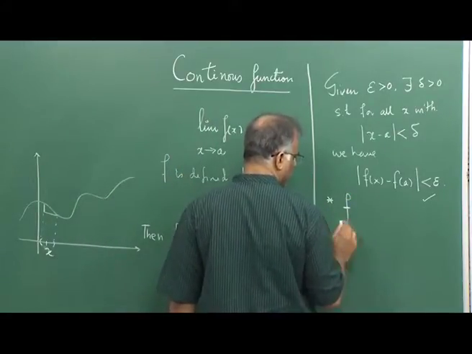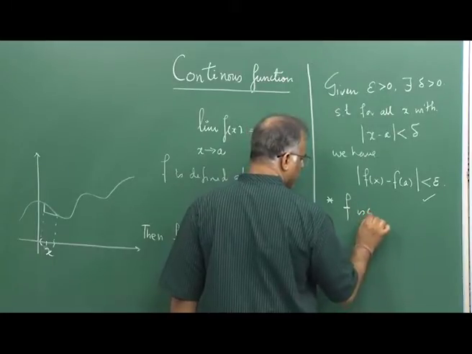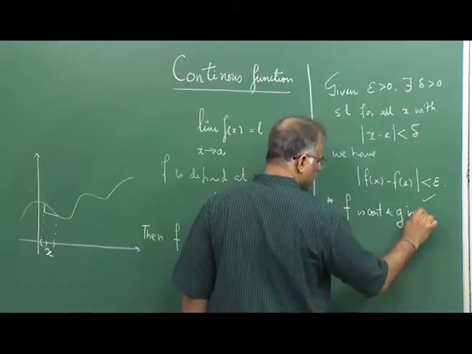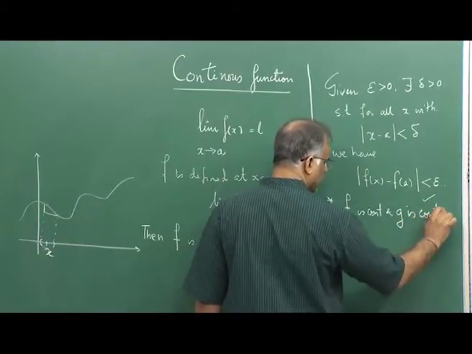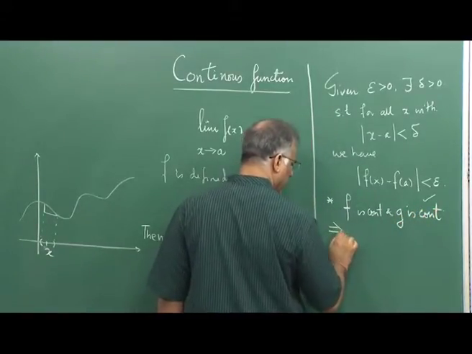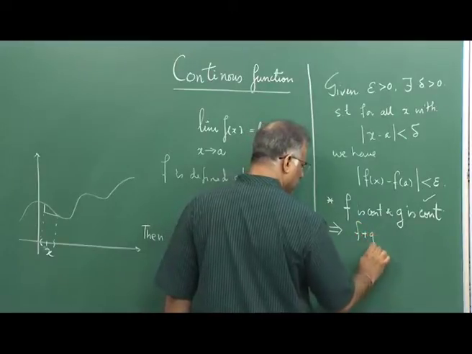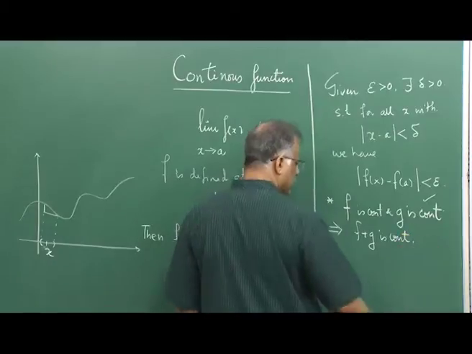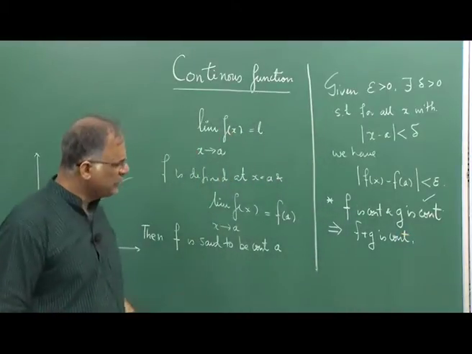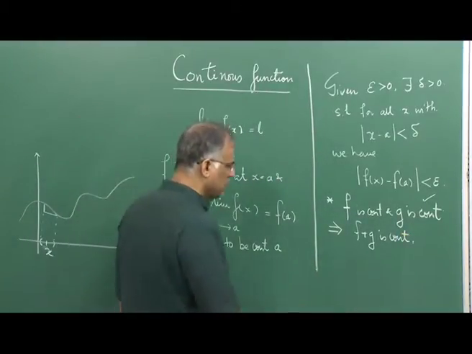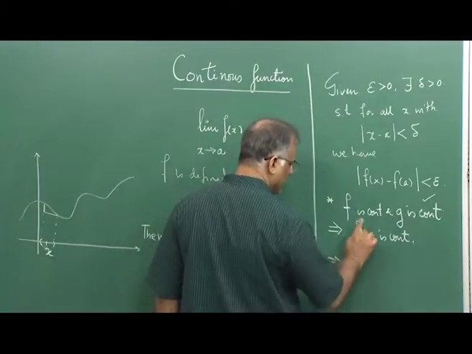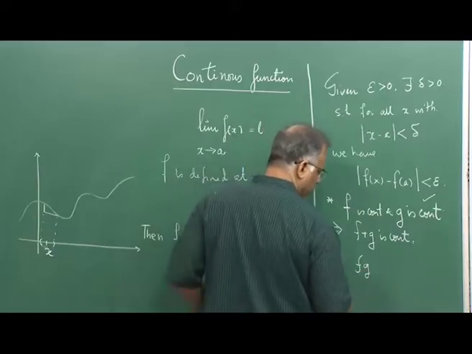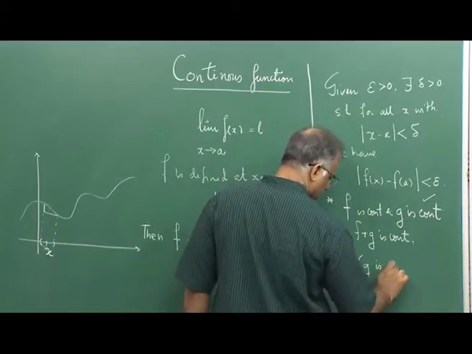For example, f is continuous and g is continuous implies f plus g is continuous. Similarly, if f is continuous and g is continuous, then f into g, which is f(x) into g(x) when you evaluate it, is continuous.